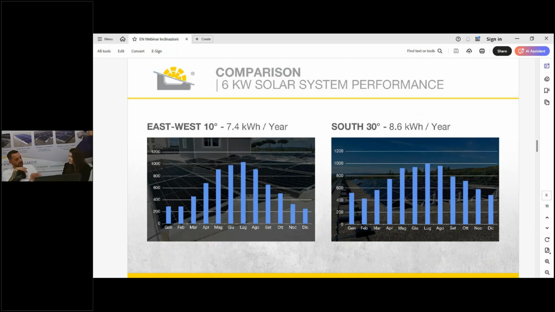So even though east-west has a lot of advantages, like we mentioned, 30 degrees, with the distance that they have from panel to panel, tends to generate more. The higher, the more it takes from sun, always for south, right? Then if you do a 10 degree on east-west or 30 degrees west, which is very rare, you're not gonna generate the same power that you generate with east-west 10 degrees, right? Or 10 degrees will generate more.